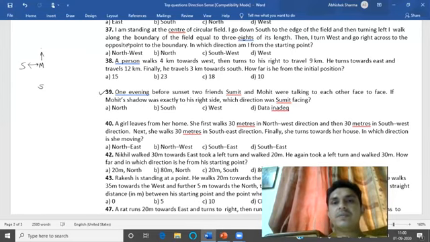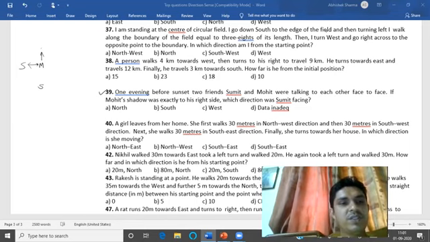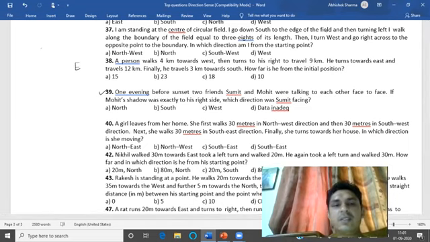Okay, so I have made a mistake here because sun does not rise from south. The sun rises from east. So this is east direction from where the sun rises.